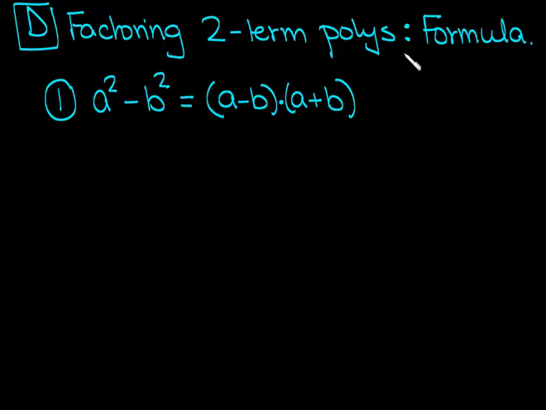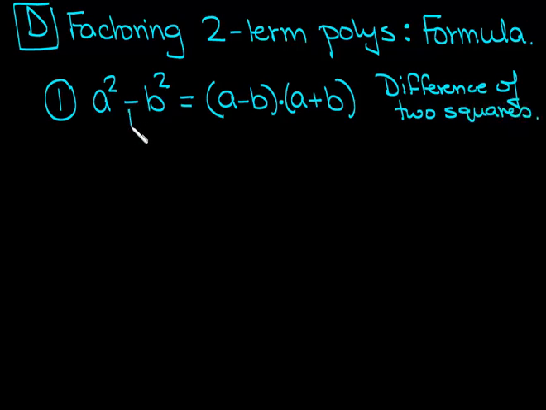This formula, like I told you before, has a name. It's called difference of 2 squares. And you can see that from the left hand side. I have a difference of 2 squares. Okay, so that's one formula. The second formula is a cubed minus b cubed, difference of 2 cubes.